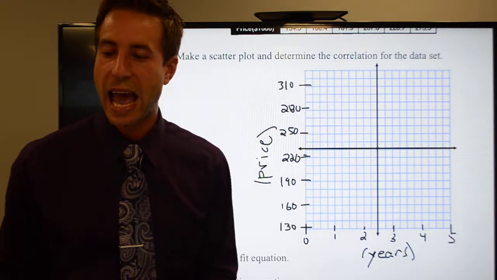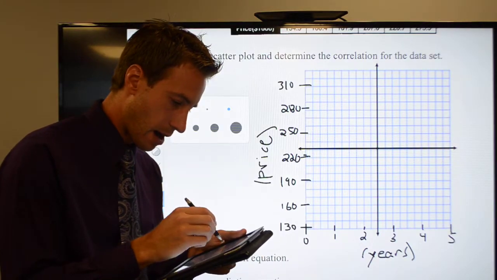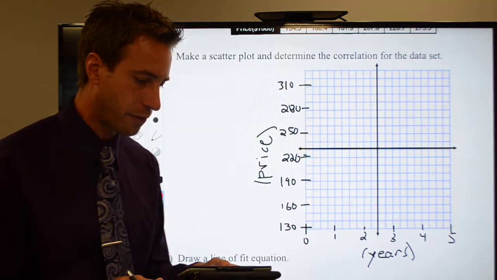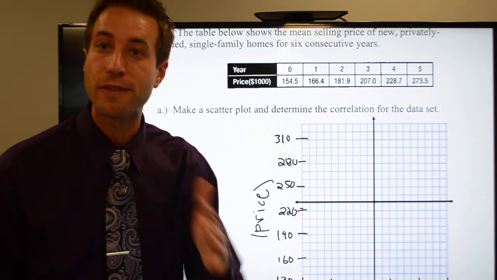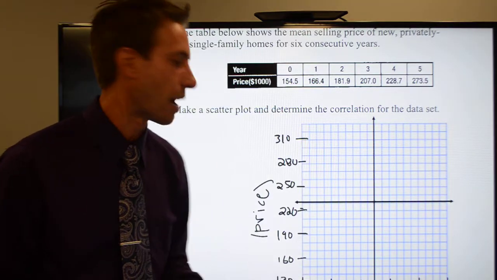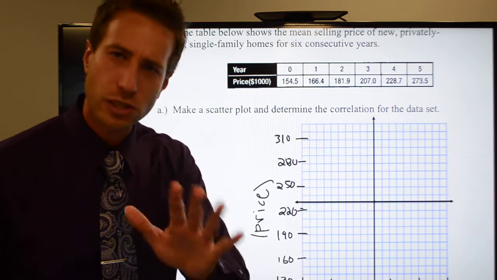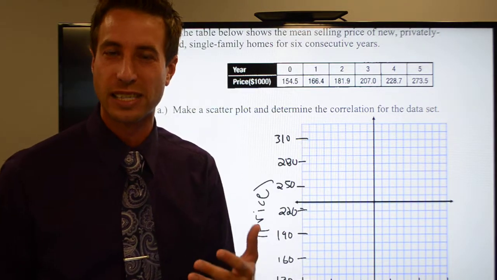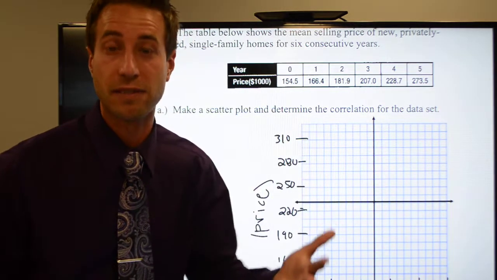So now we are going to plot our data. Let me do these in red for you and do it in a mark big enough that we can see. So here we go. My very first one, I am looking at 0 and 154.5 thousand. Now, because of the way that the units are set up, you're not going to be exact. Just get it as close as you can. I'm not going to go crazy when grading these on a quiz or a test, you know, maybe 155 instead of 154.